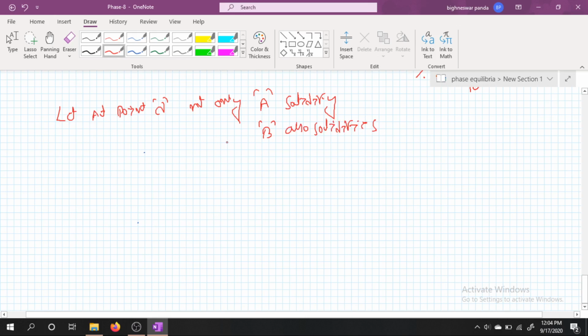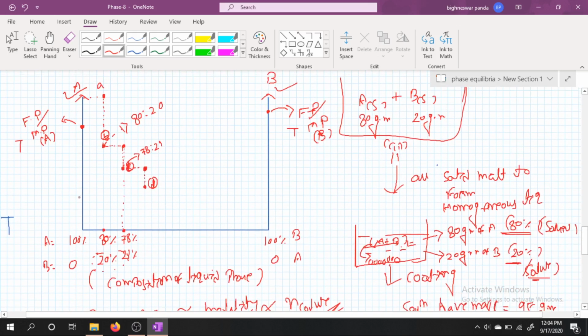This specific point D represents a specific composition and a specific temperature, that is, this is the composition and this is the temperature at which not only A solidifies but B also solidifies.